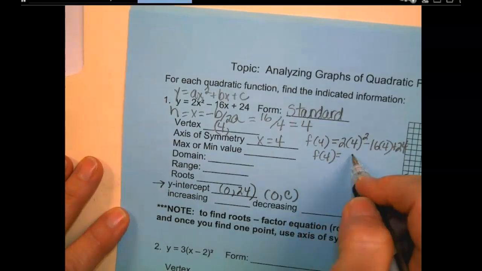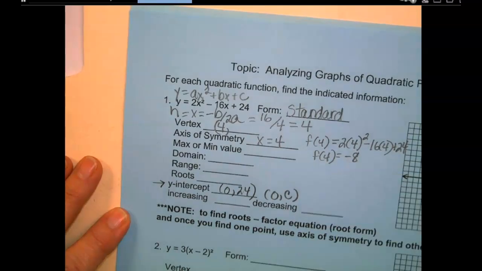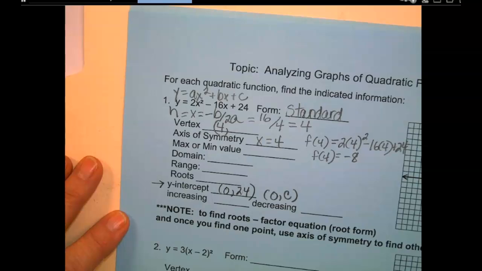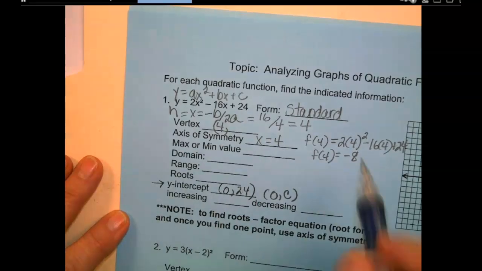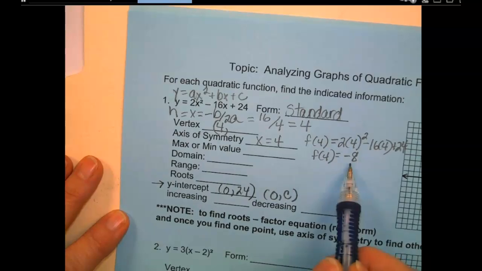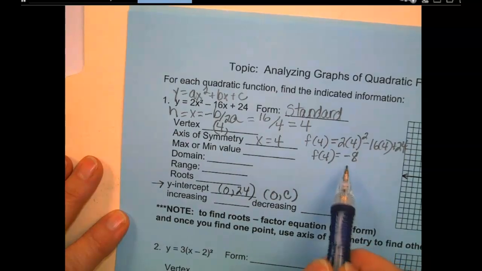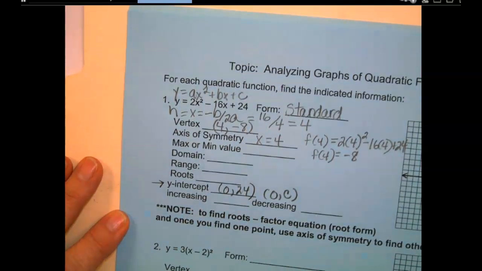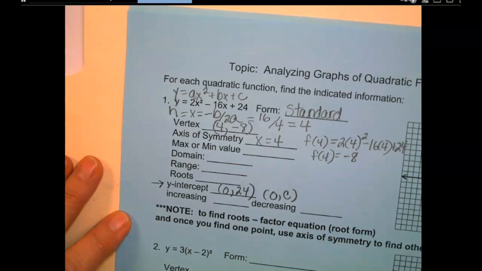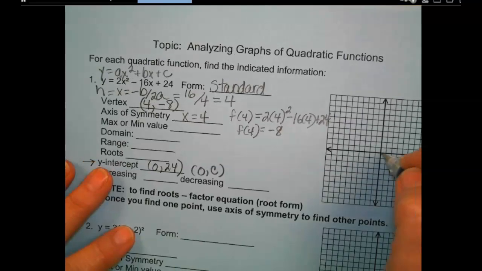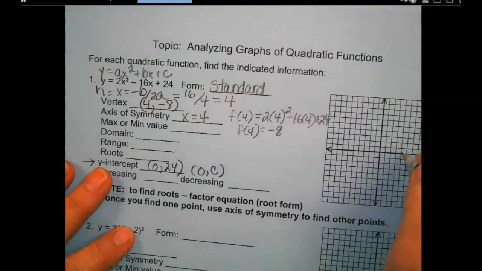And if you all will please trust my math, because I actually did it with the calculator, you get negative 8. I just plugged the 4 in for the x, and I got negative 8. So this is my y value or my k value for my vertex. So this is negative 8. So I want to put my vertex in, which is 4, negative 8.